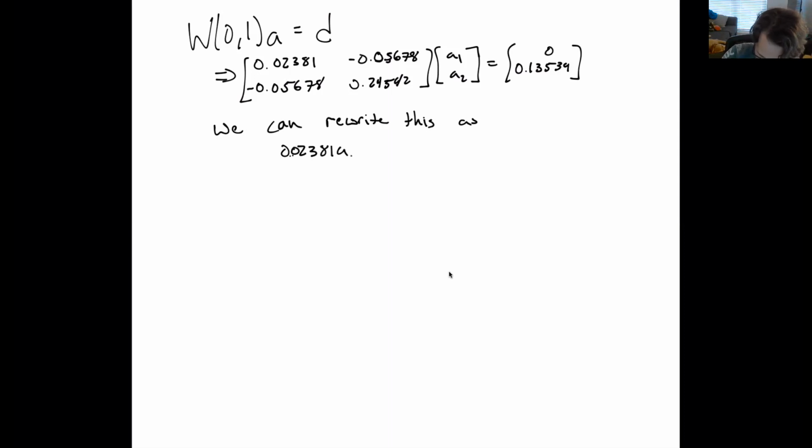So now I'm just writing out these expressions here. So multiplying this matrix into this A matrix and setting it equal to D. This will result in 2 equations. So I'm writing that here. So 0.02381 times A1 minus 0.05678 times A2 is equal to 0.